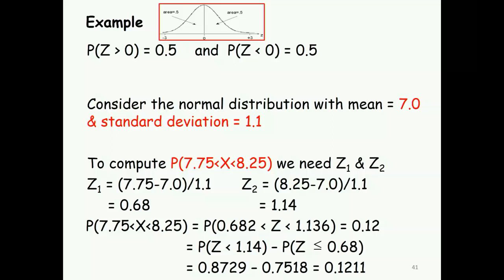Now the question is asking, what is the probability between 7.75 and 8.25? Tell me the probability between these two numbers. In a normal distribution, 7 is the middle. So what is the probability between 7.75 and 8.25?